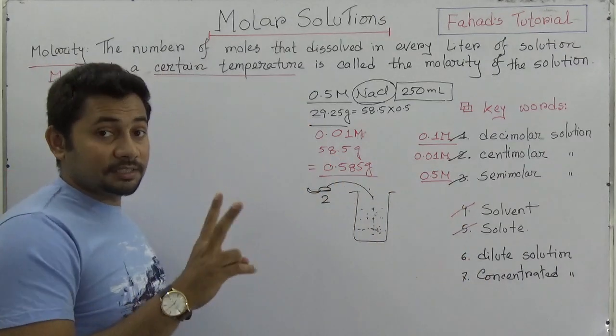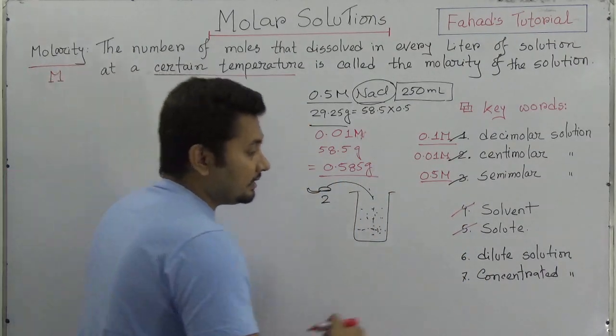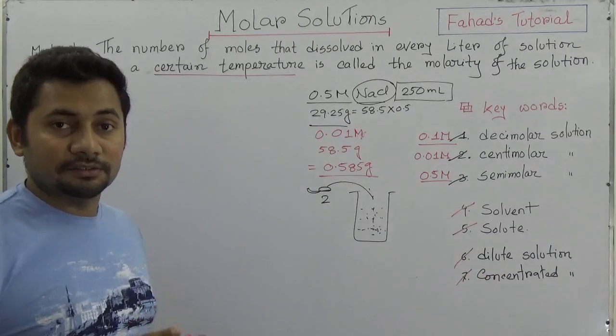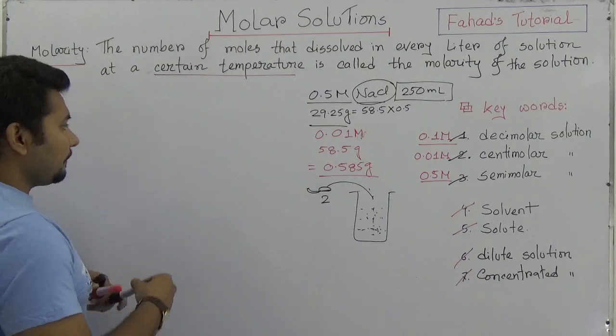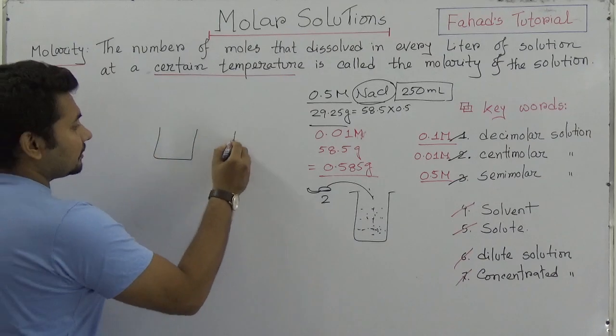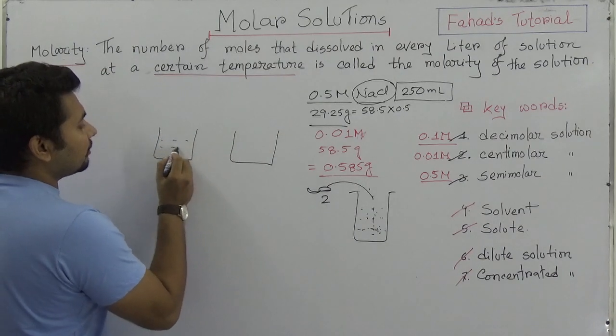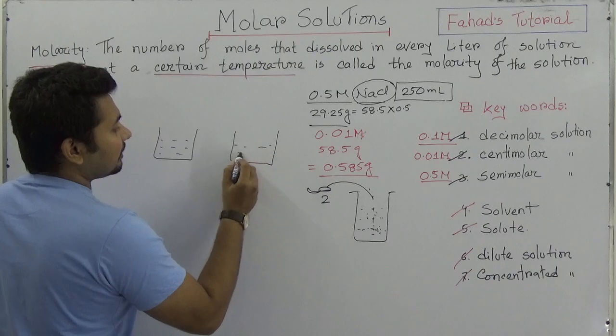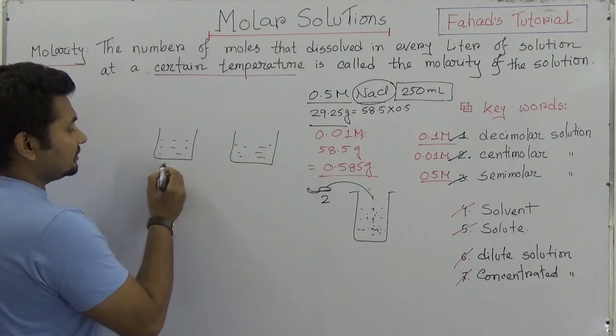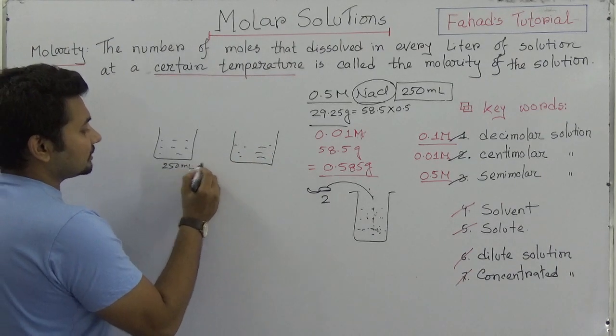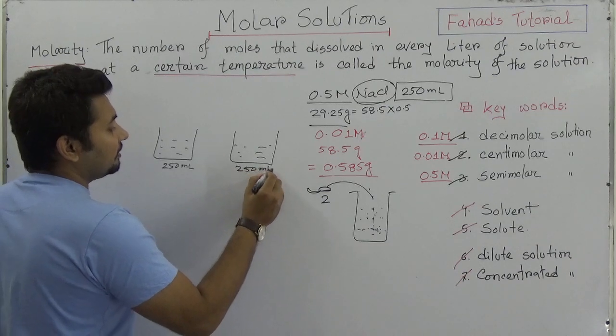Now another two words that we need to remember are dilute solutions and concentrated solutions. What is this? Suppose there are two beakers where the same amount of water is kept. Suppose this is 250 ml water and here also 250 ml water.